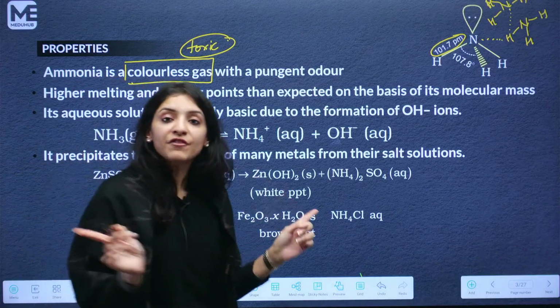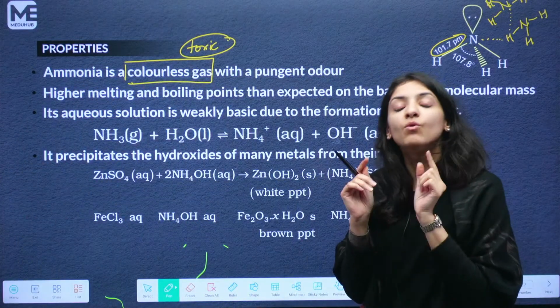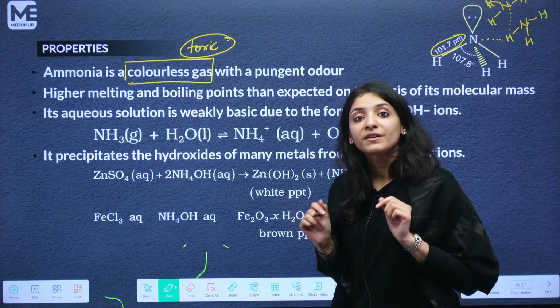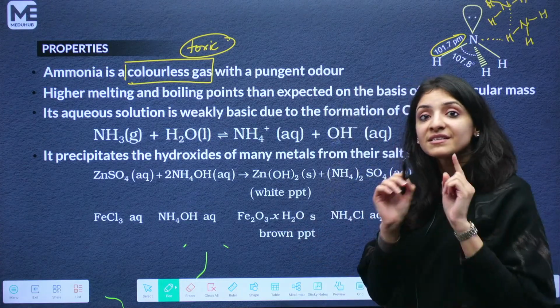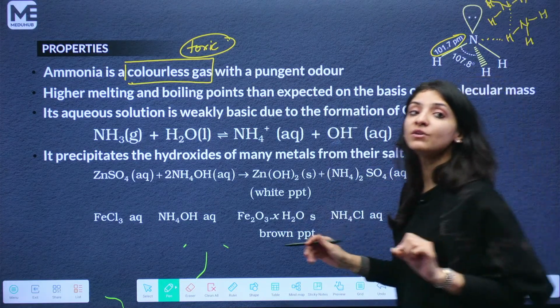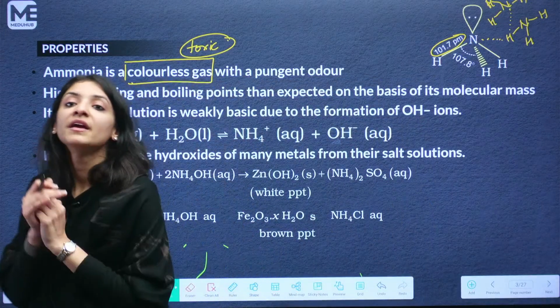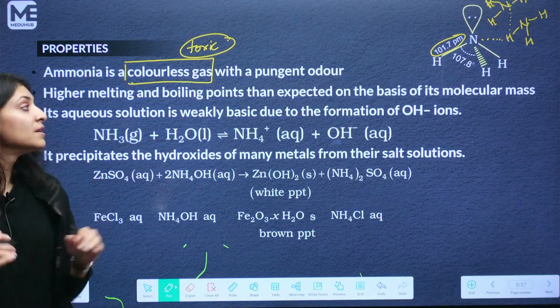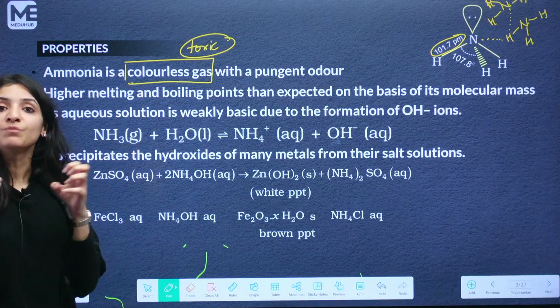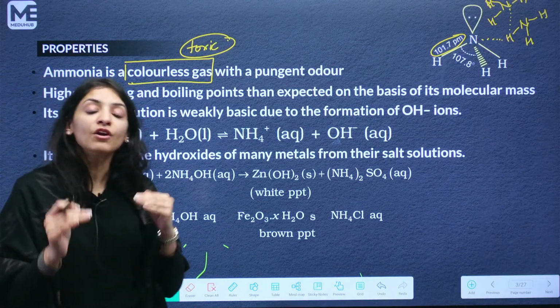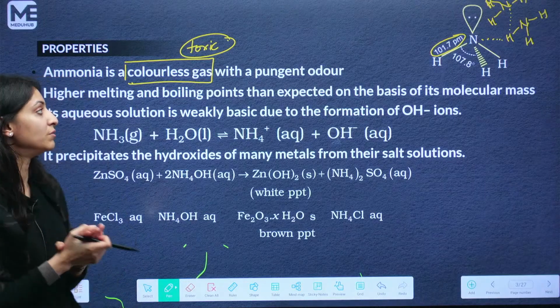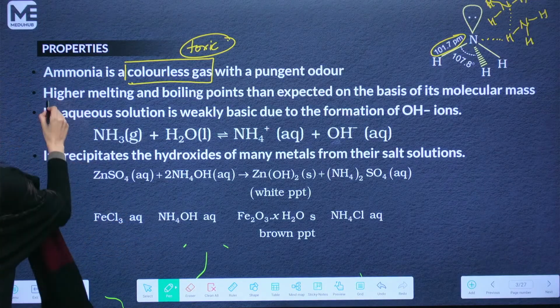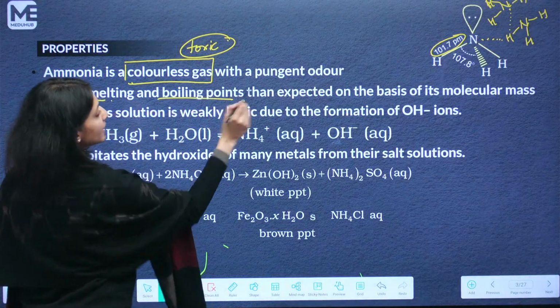All life as we know it on this planet exists only because water is a liquid. And why is it a liquid and not a gas? Because of hydrogen bonding. So hydrogen bonding is extremely important. Even though they are weak forces, hydrogen bonding has a lot of repercussions on the properties of the molecule. So in the case of ammonia, it has higher melting and boiling points than expected.